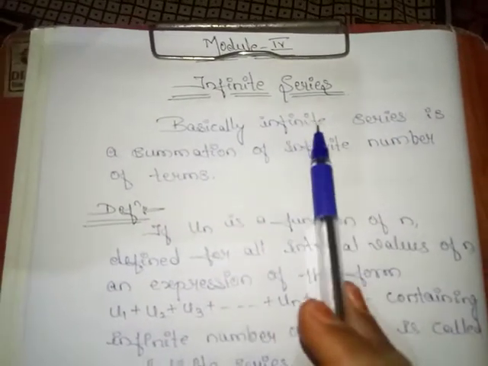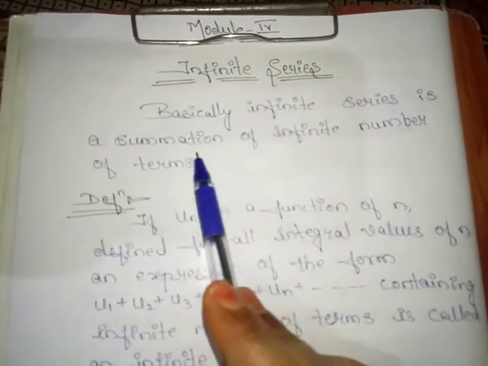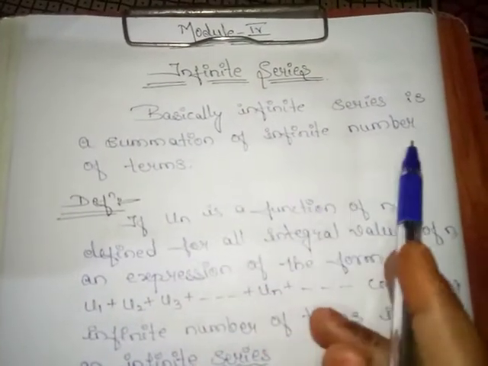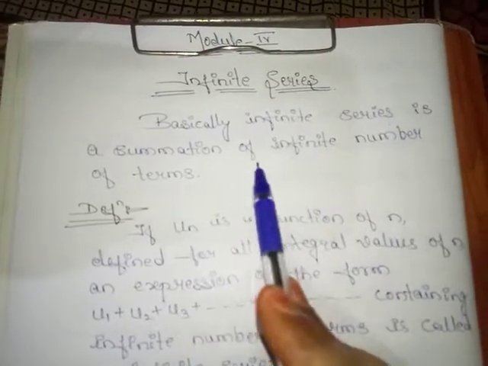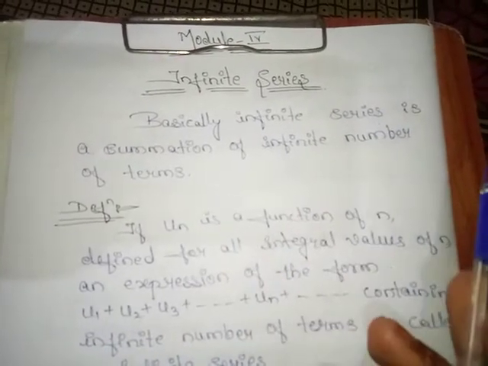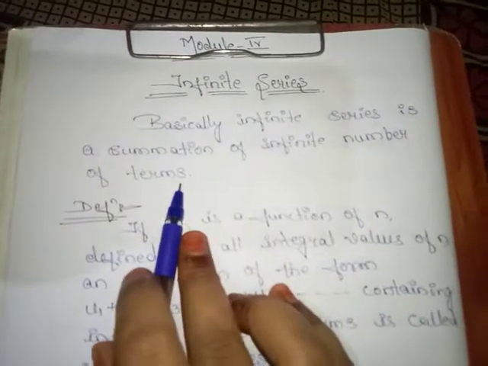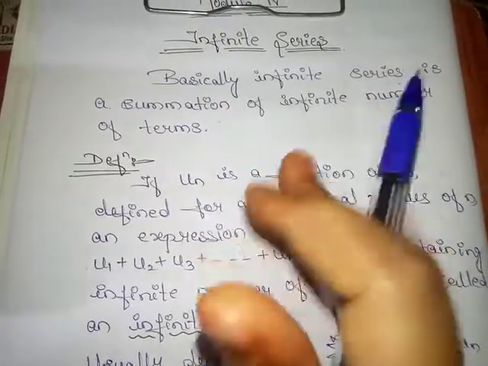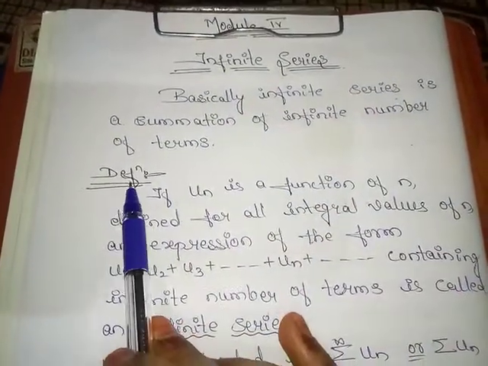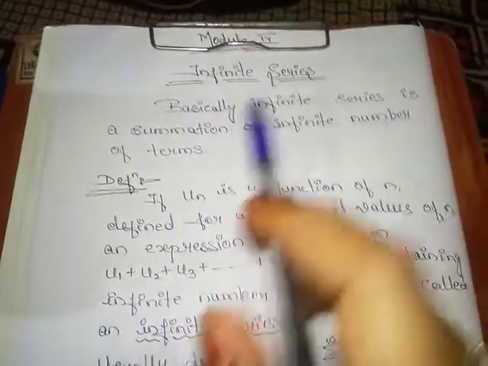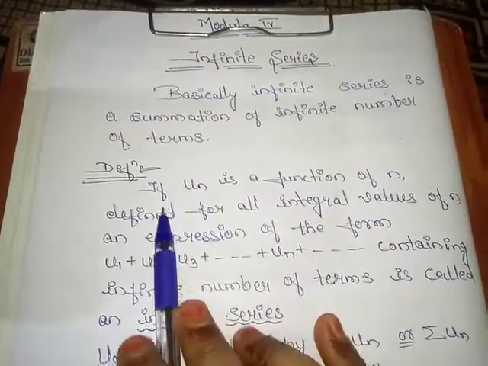In general, an infinite series is a summation of an infinite number of terms. Infinite series means the sum of an infinite number of terms, which is in general. See, what is the definition of infinite series?